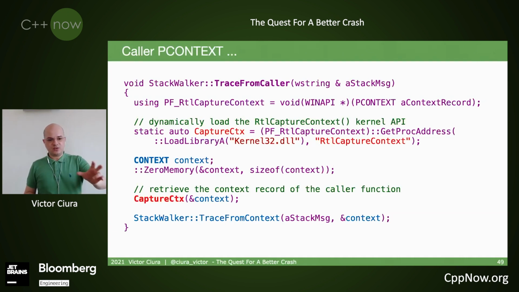So you can call this API from kernel32.dll, and it fills the context structure for you. Then you can use the same utility, trace from context, that we've built earlier, and pass in this context, and it mines all the information, traverses all the frames, and builds the stack trace for us.